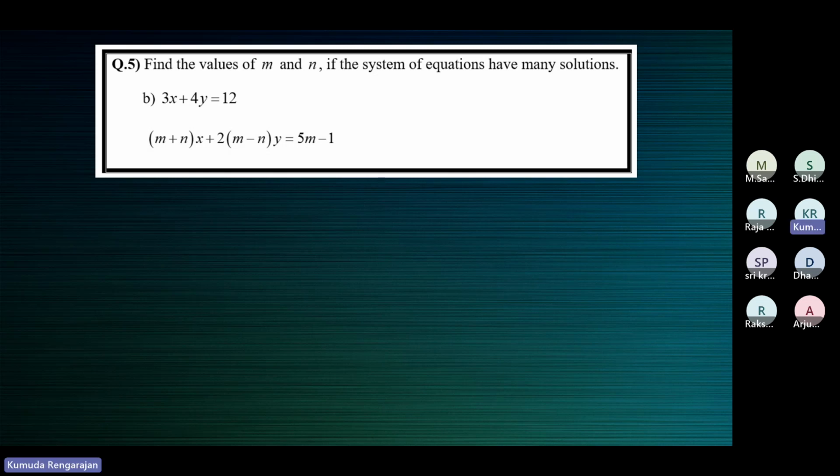Yes, children, what are the equations? You must have constructed the equations by now. What are the equations? 3x plus 4y minus 12 is equal to 0, ma'am. And then m plus n x plus 2m minus n y minus, in bracket, 5m minus 1 is equal to 0. Minus in bracket 5m minus 1, correct? Yes, ma'am.